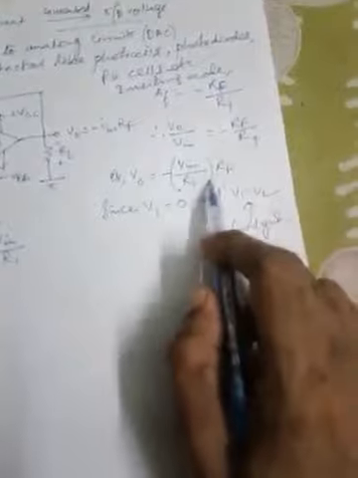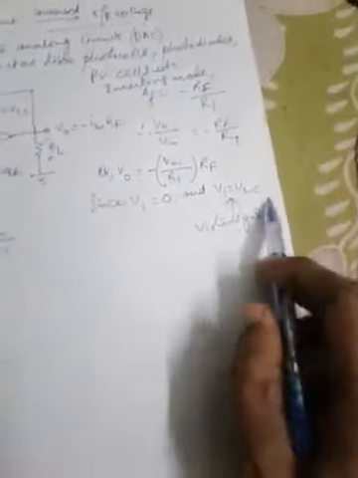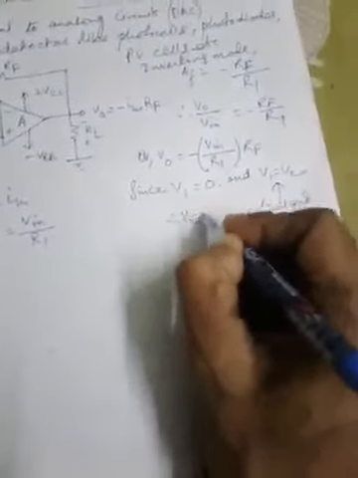This is one equation. And also here we know that the gain of this amplifier is VO by V in equal to minus RF by R1. Now since V1 is 0, which is directly connected to ground at the non-inverting terminal, and because of virtual ground V1 and V2 are equal, that means V2 is also 0.